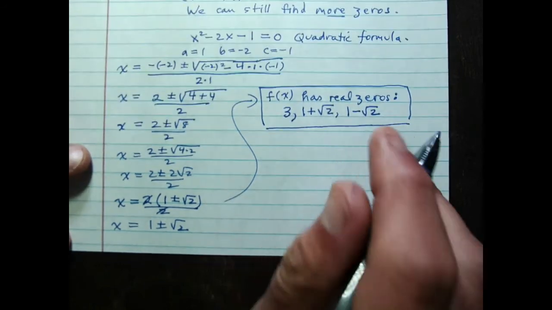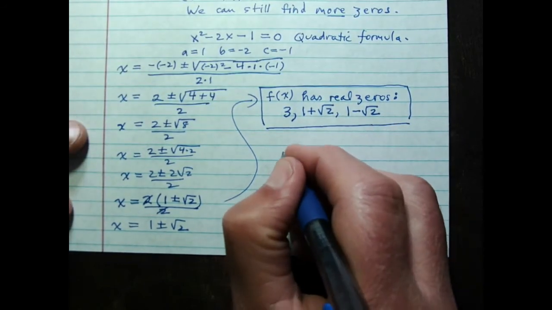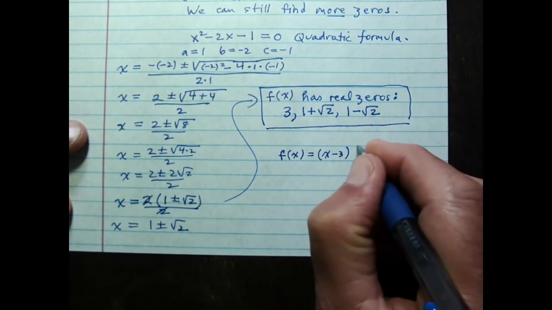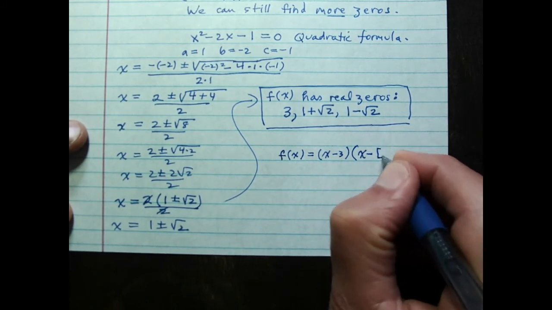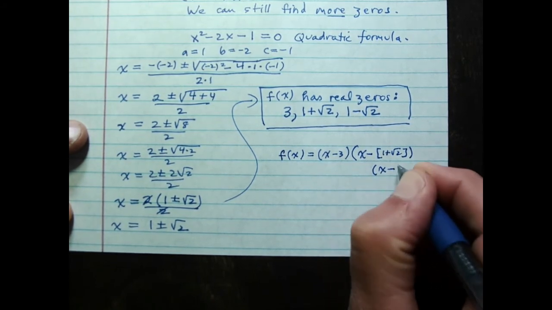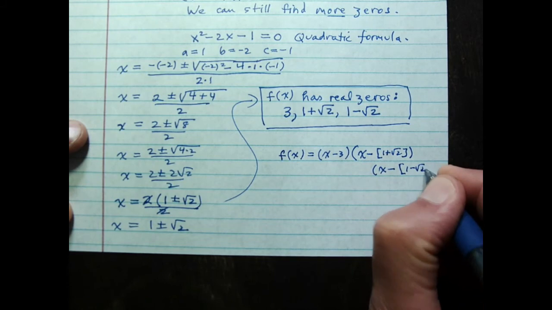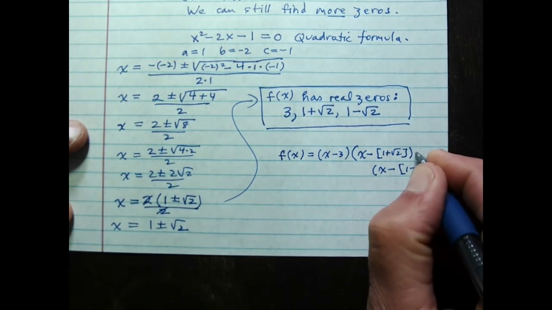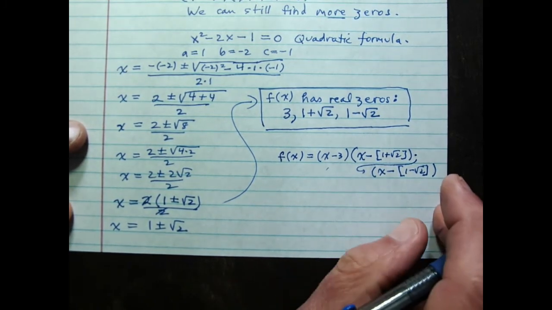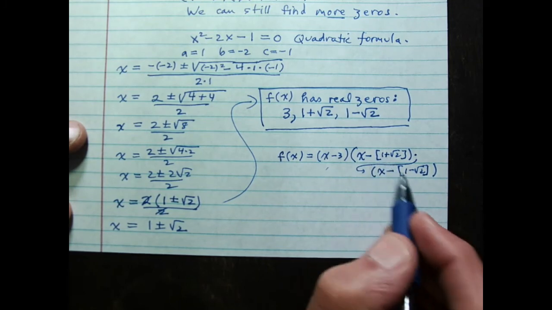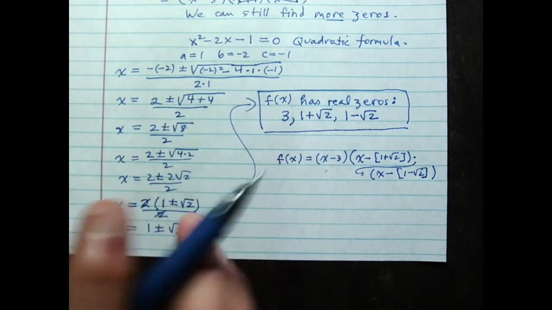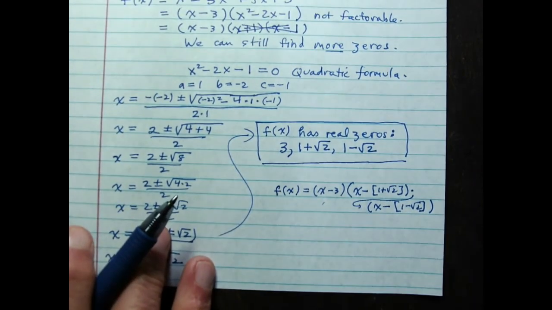So just don't freak out about it now, but f of x could be written as x minus 3 times x minus 1 plus square root of 2 times x minus 1 minus the square root of 2. Sorry, I couldn't fit that on one line. So that all goes together. And again, we're going to talk more about this later. It's just we've never seen funny looking factors like that before, I don't think. But if you multiplied that out, you would get that quadratic that we saw along the way.